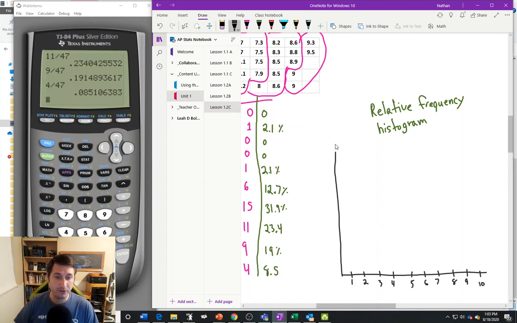Now the vertical axis this time is going to be a bit different. We have to go all the way up to, let's see, 31.9% it looks like, so maybe 35%. There we can maybe count by fives, 5, 10, 15, 20, 25, 30, and then 35.